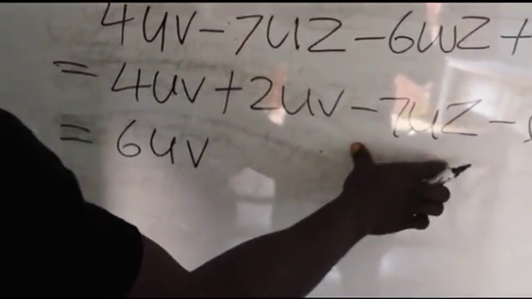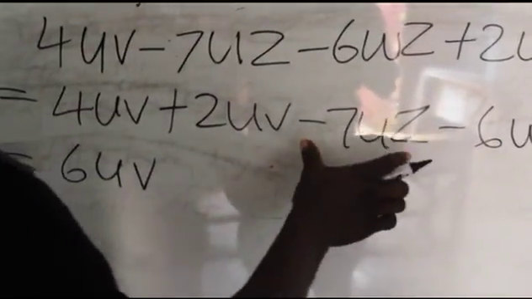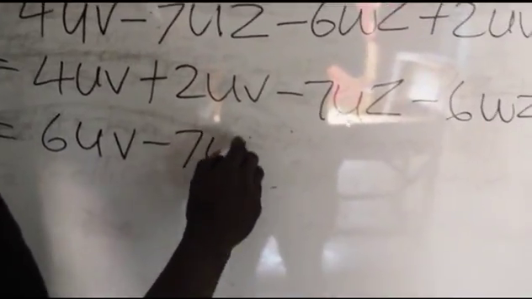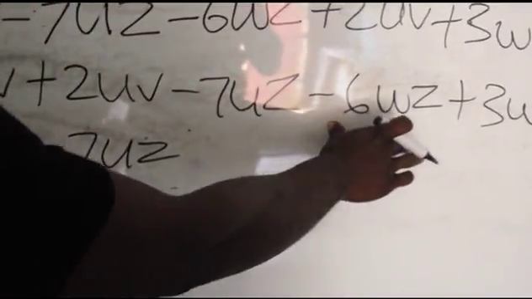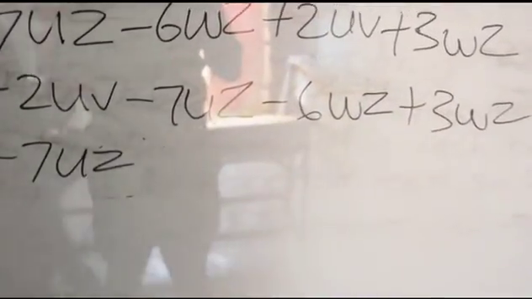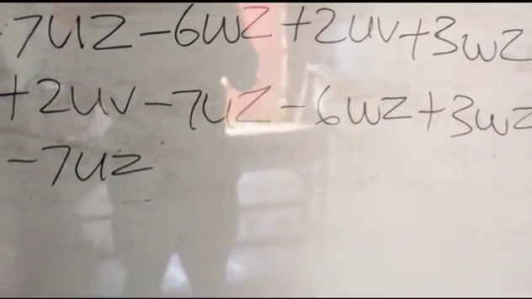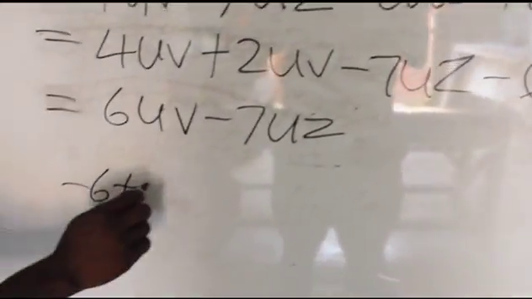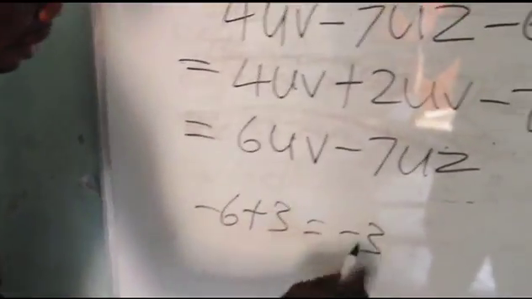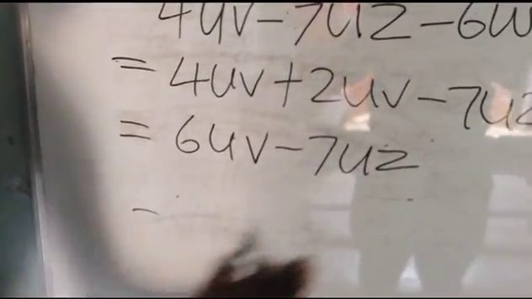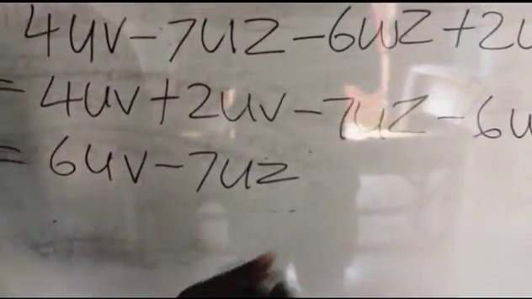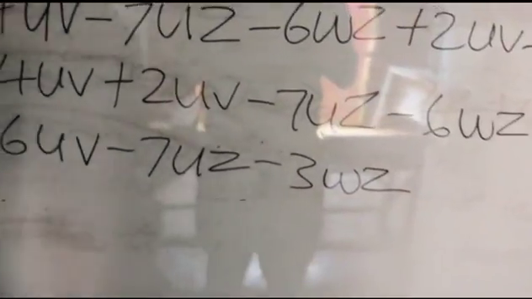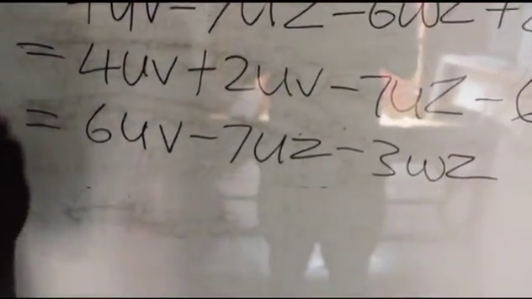Then minus 7uz does not have any like term, so bring it down here. Then minus 6wz plus 3wz. And in arithmetic operations, minus 6 plus 3 is equal to minus 3. So now that we have minus 6wz plus 3wz, it will give us minus 3wz. So this is the simple answer.